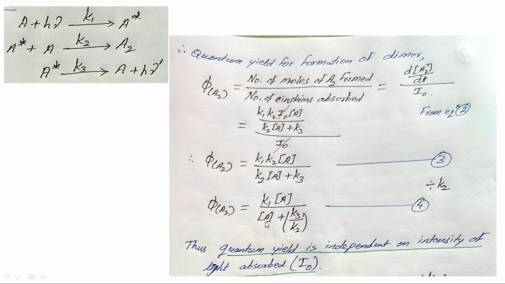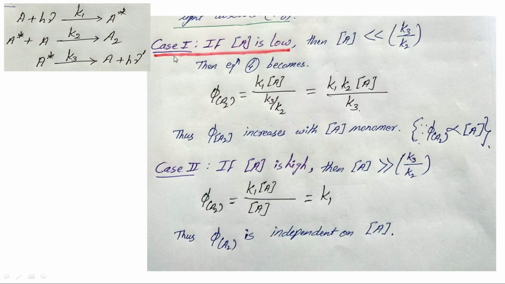Whenever we consider anthracene concentration to be very high, then K3 upon K2 will be neglected, and if we neglect K3 upon K2, then the molar concentration of A gets cancelled. And if the value of the molar concentration of A is very small, then automatically the molar concentration of A gets neglected, and this K3 upon K2 term will exist. Now let us consider two cases.